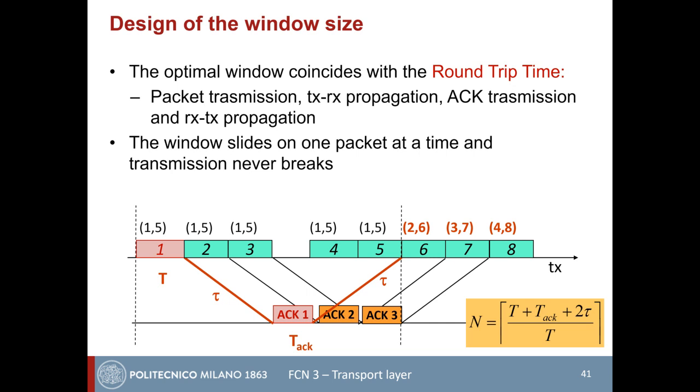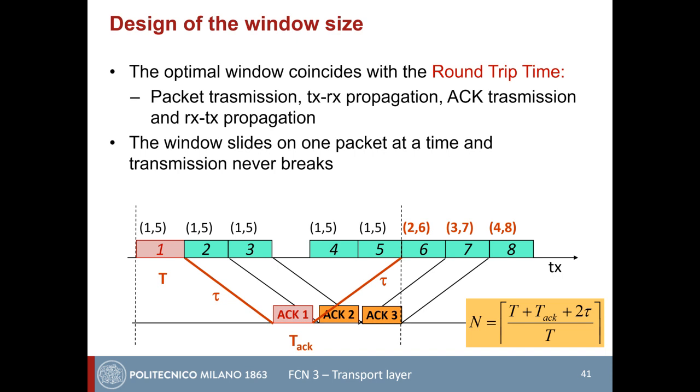If you divide this interval by this time, you have the number of packets that can be transmitted in that interval. So if the size of the transmission window is larger than this number, then in absence of errors, Go-Back-N achieves 100% efficiency.